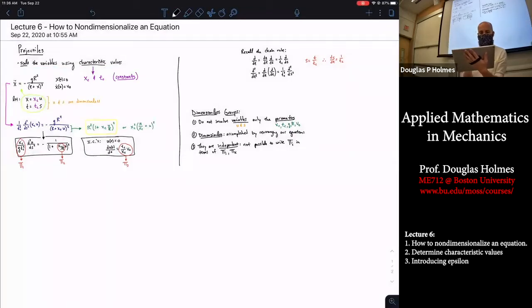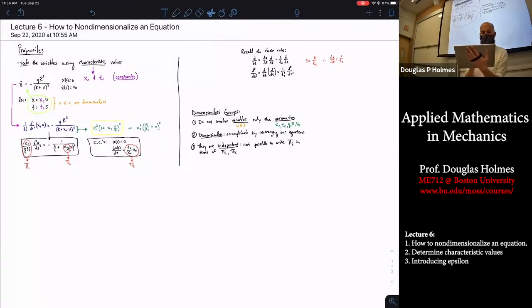So I don't actually know. I've never really tried to construct this problem from Buckingham Pi, but here's what I think is going to happen.